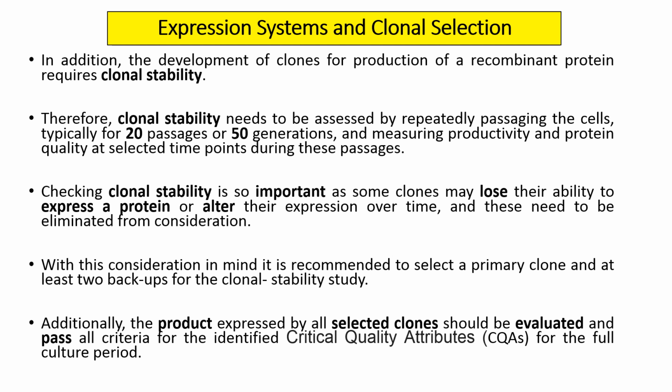So with this consideration, it should be recommended to select a primary clone and at least 2 backups for the clonal stability study. As I said, I'd like to always give you an example from my study, because I want to guarantee that I still have a stock of these cell lines at a lower passaging number.